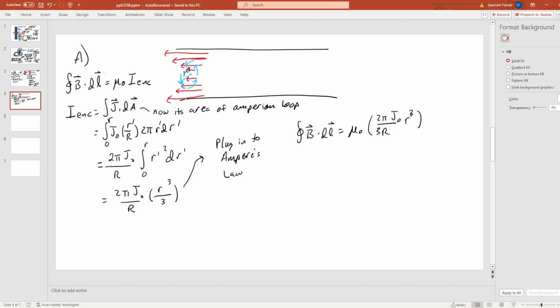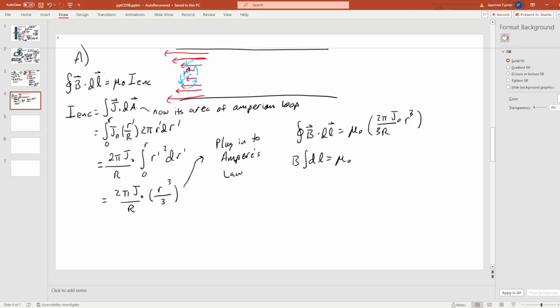And again, our assumption is if we center the Amperian loop on the axis of the wire, then B should be uniform along the boundary of that loop, and therefore B comes out of the integral, and I'm left with dl equals mu naught.